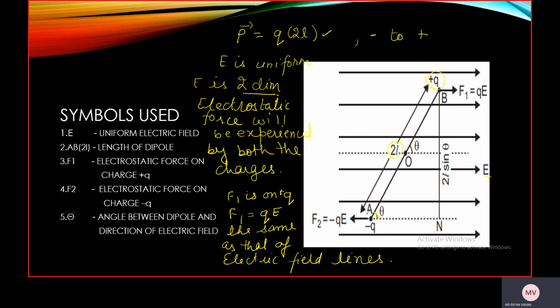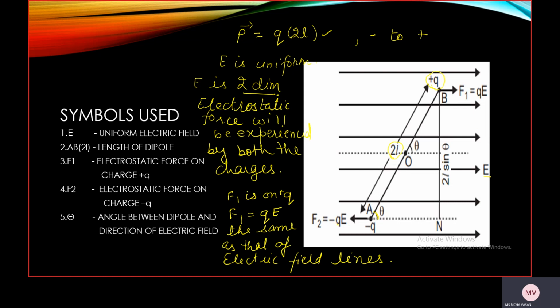Now we come to our second charge, that is minus Q. This minus Q charge will also experience electrostatic force due to this uniform electric field, but as it is minus, its electrostatic force will be in the direction opposite to the direction of the electric field.